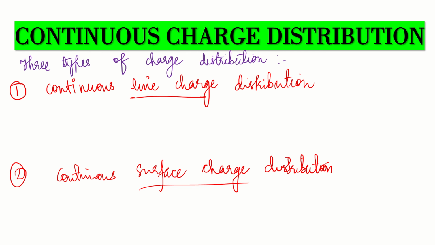Now let us get to know each one of them. Okay, so the first one, continuous line charge distribution. Just when we see the title, it is understood.